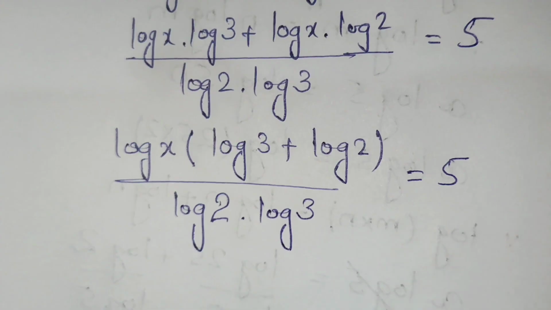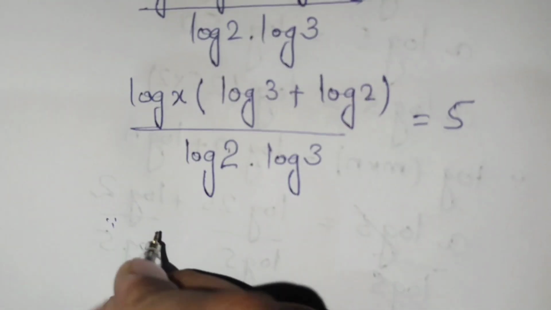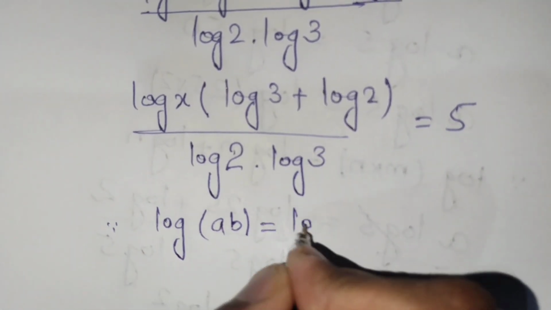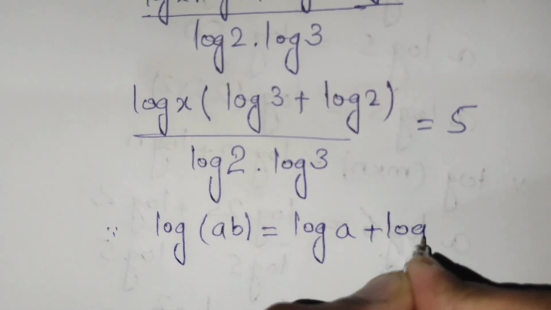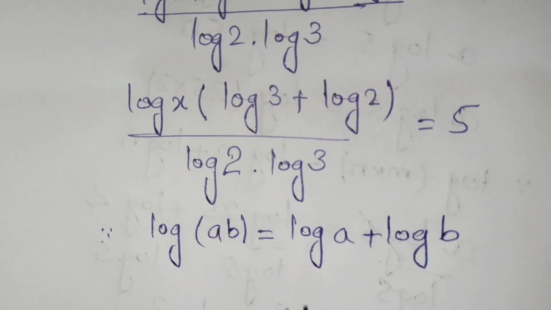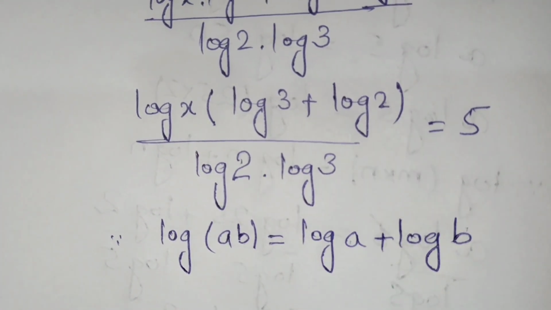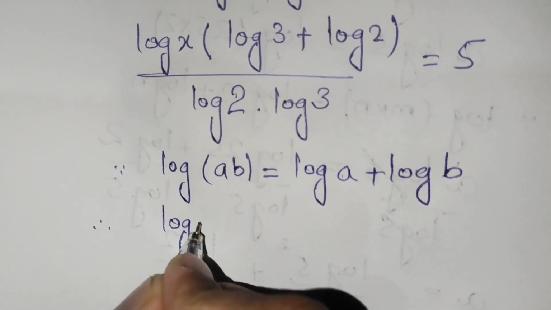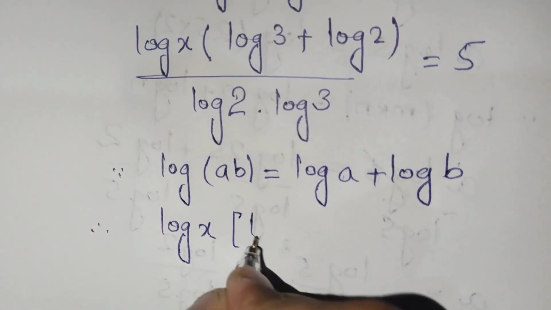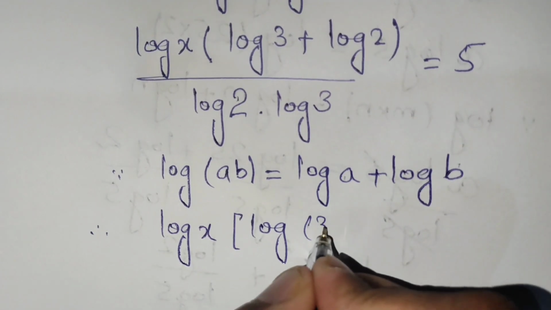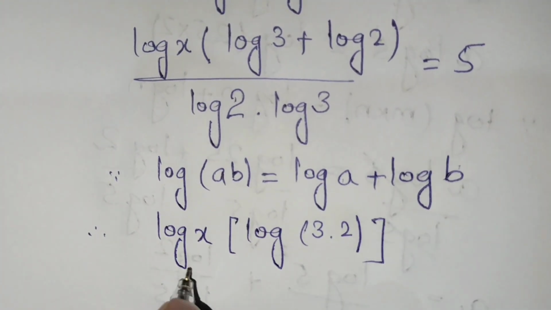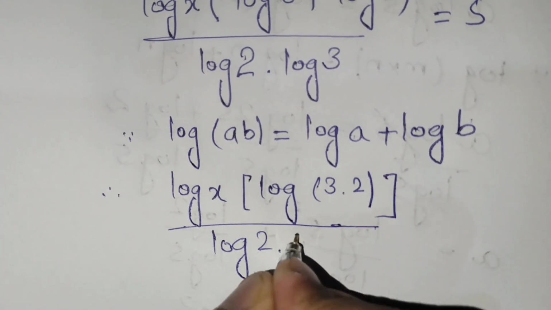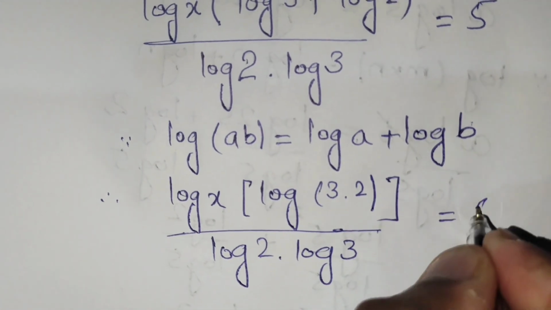Now log of 3 plus log of 2, we will use the formula that log of a times b equals log of a plus log of b. So in our case a is 3 and b is 2, so the numerator now becomes log of x times log of ab, that is 3 times 2, whole divided by log of 2 times log of 3, equals 5.